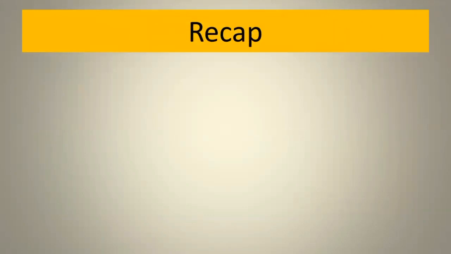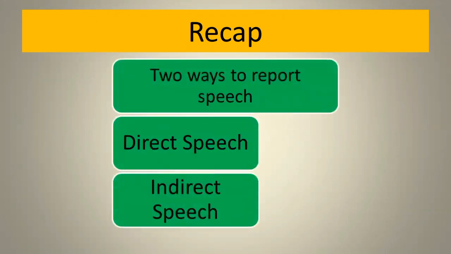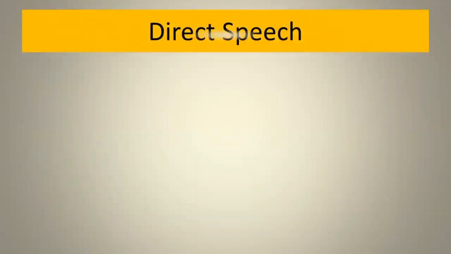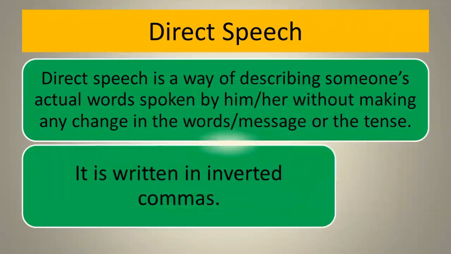So first of all, let's have a brief recap. Viewers, there are two ways to report speech, direct speech and indirect speech. What is direct speech? Direct speech is a way of describing someone's actual words spoken by him or her without making any change in the words or the message or the tense. Direct speech is always written in inverted commas.